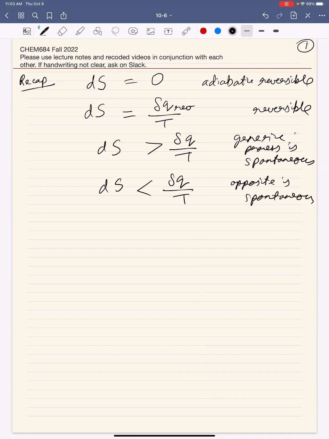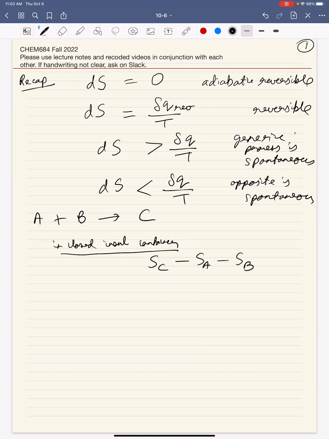So to put this all in more intuitive terms, let's think about a chemical reaction that is happening, A plus B going to C. If this is happening in a closed insulated container, and you find that S_C minus S_A minus S_B is more than 0, what would that mean?